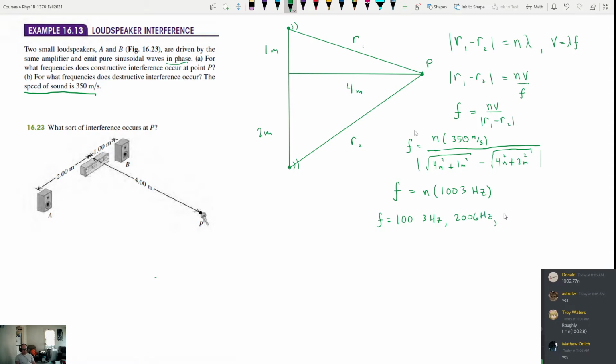You'd also have constructive interference for 3009 hertz, I guess, and integer multiples thereof. But notice that there's only particular frequencies that you're going to get constructive interference for. It probably doesn't massively alter the sound that you hear at this location.